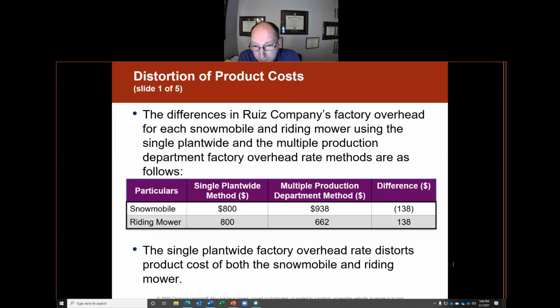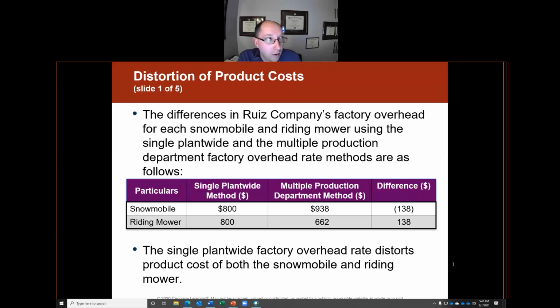Because with the multiple production department method, we're getting granular. We're looking at each department. And so when we add those two departments together, we see that there's a difference from the single plant-wide method. The difference is actually negative for snowmobiles. We know that it's more expensive, that's not the right word.